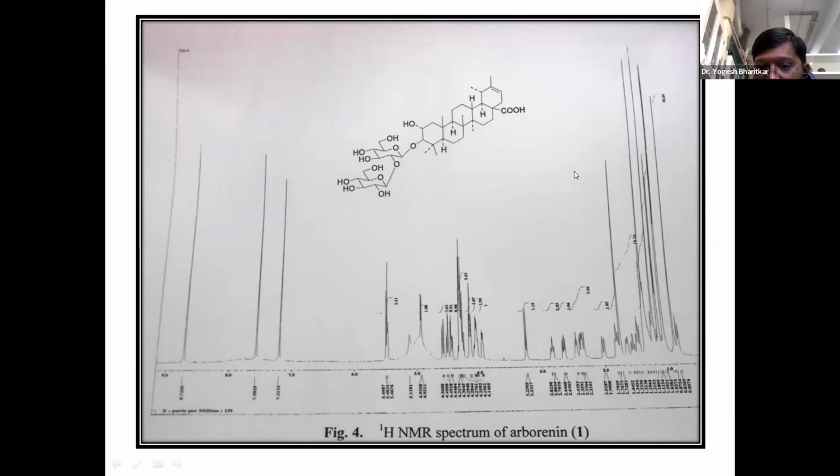These are the different regions, and this is the other aliphatic region of the molecule. This is the integration, and this is the chemical shift value. In the older spectra we get chemical shift values at the bottom, but we can also put them on top of the spectra.